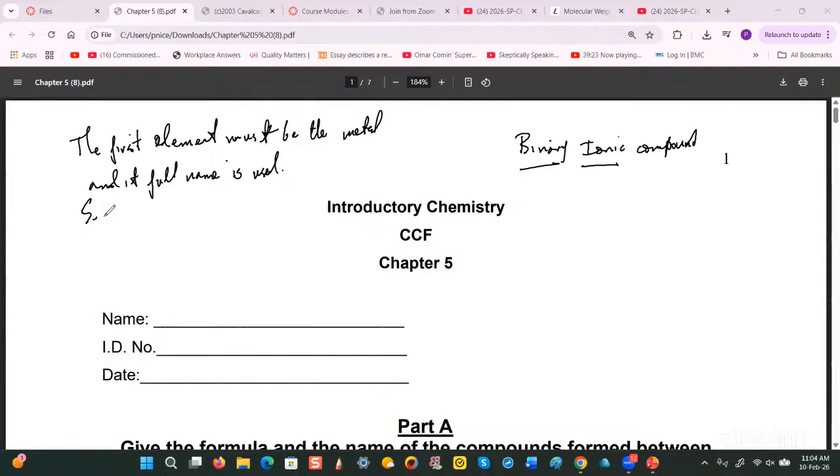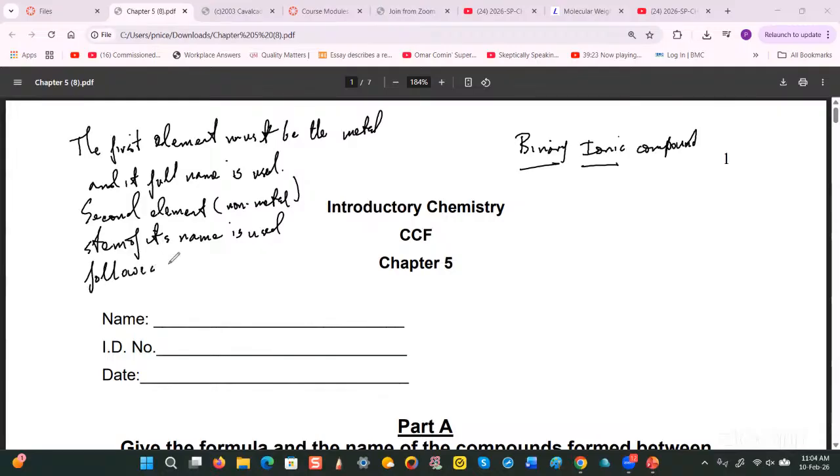The second element, which of course will be the non-metal, has the stem of its name used, followed by the suffix -ide.